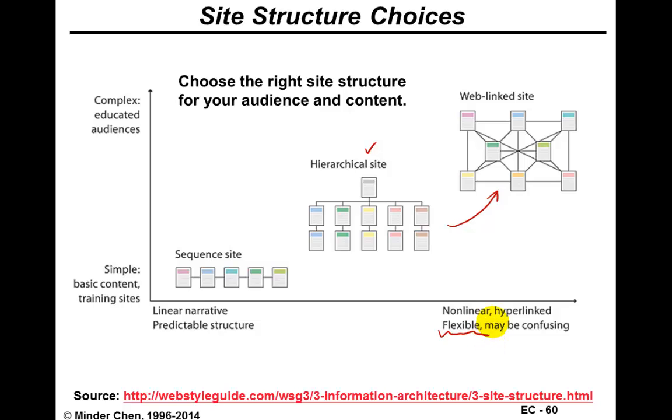But sometimes your content may be simple and you want the user to follow a certain sequence of steps when visiting your website, such as an online training website. Then your site structure may conceptually look like this, and that is fine. So basically you need to think about the content that you have and also the target audience that you have, and decide what's the best site structure that you want to come up with.